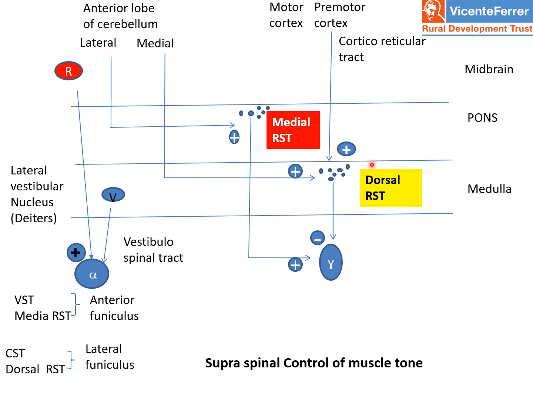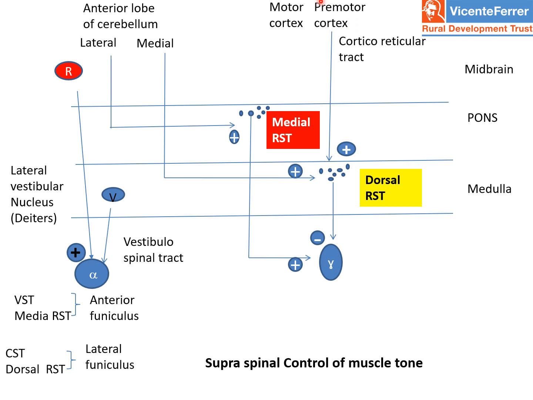In this slide, even though it is slightly busy, it is very easy to understand. These are different levels of the brainstem. This is medulla, this is pons, and this is midbrain. As we have already shown the basic anatomy of what is controlling the muscle tone, it is very easy to understand in this slide.